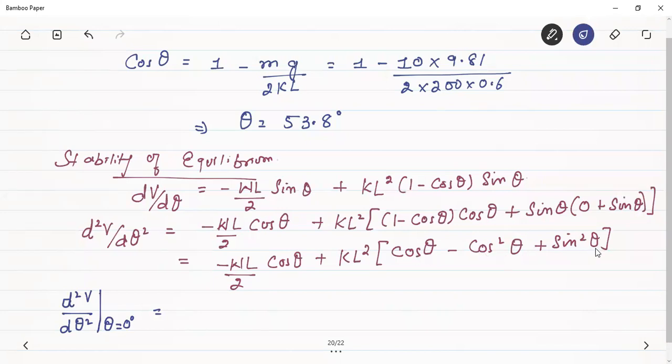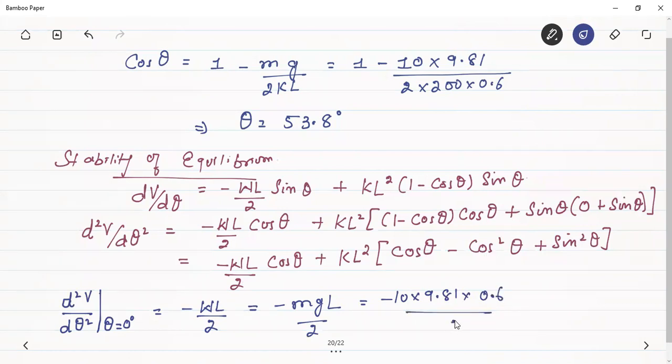So 1 minus 1 will be 0, and this term is also 0. So this whole term will be 0, and cos 0 is equal to 1. Therefore, this second derivative, when theta is equal to 0 degrees, will be equal to minus WL by 2. So actually, it will be equal to minus mgL by 2. And if we substitute the values, it will be equal to minus 10 into 9.81 into 0.6 divided by 2. So this term comes out to be minus 29.43.